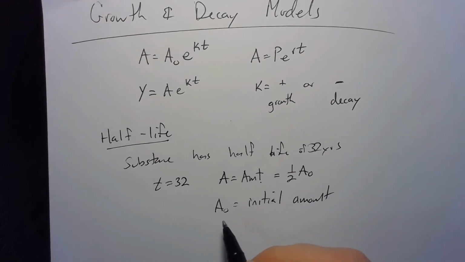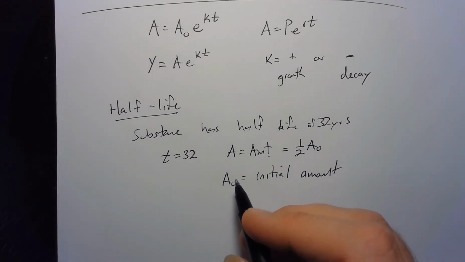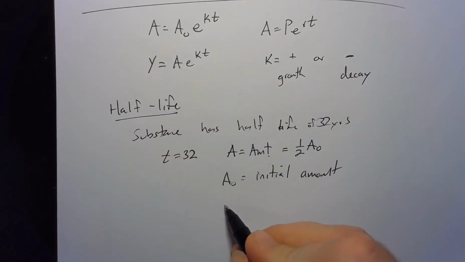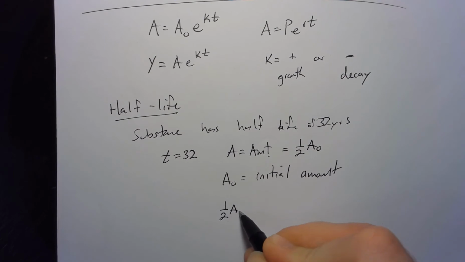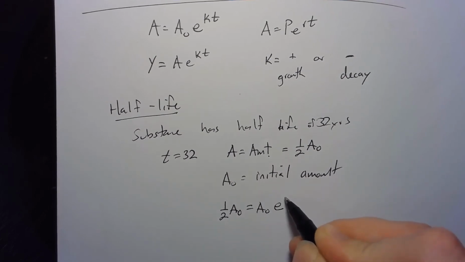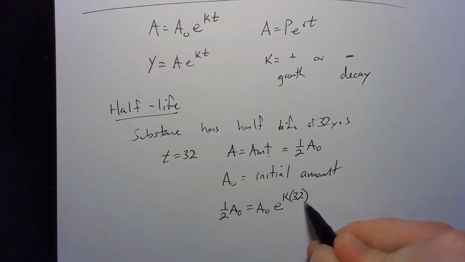So what I know to be true in every single half-life problem is that this formula will end up converting to 1/2 of the original amount we started with is equal to the original amount times e to the k, which I don't know yet, times t, which is 32 years.